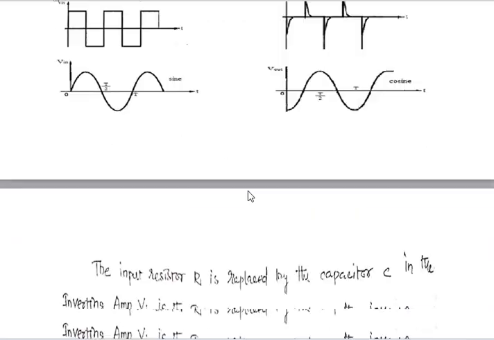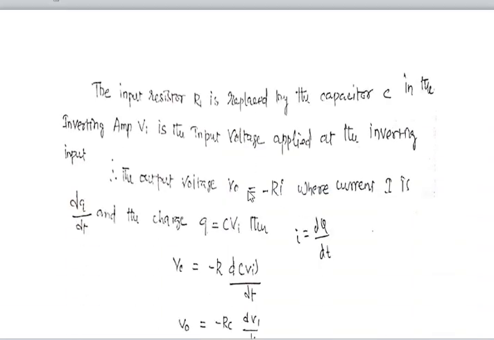Now we discuss the circuit. The input resistor R1 is replaced by the capacitor in this circuit. It is nothing but an inverting amplifier. The Vi is given as the input voltage.